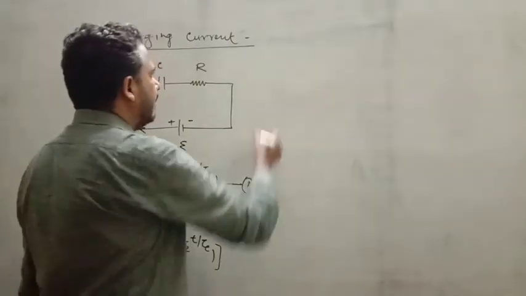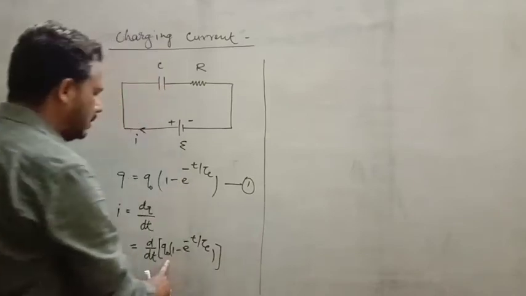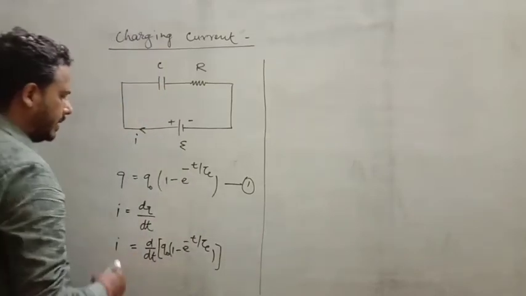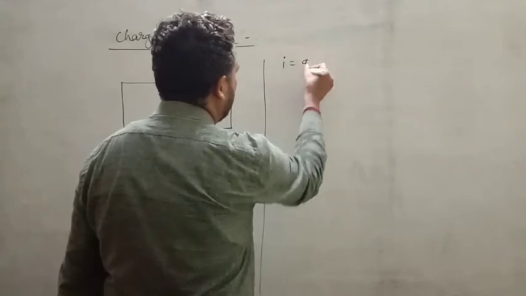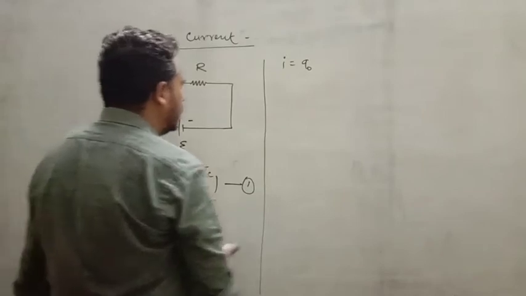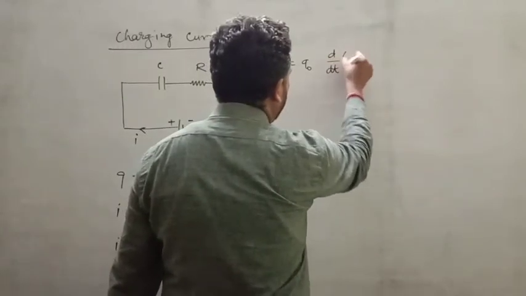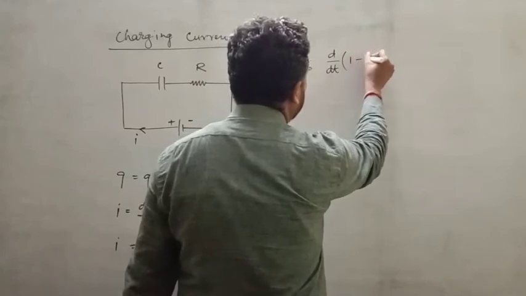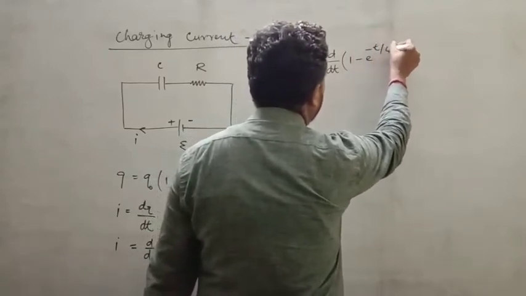Because Q naught is constant, you just take it outside. Therefore I is equal to Q naught outside, and then the differentiation d by dt of (1 minus e to the power minus t by tau c).